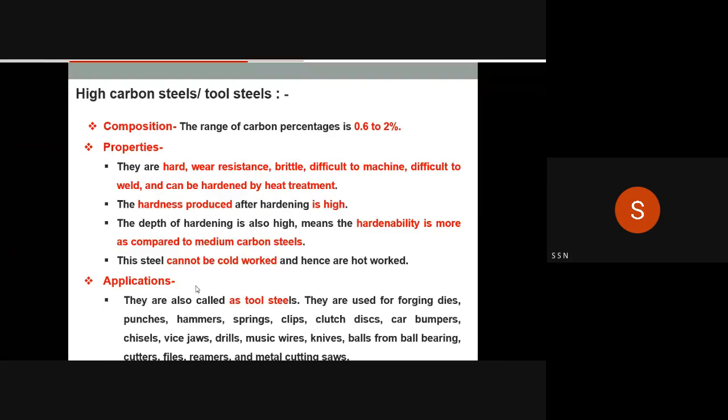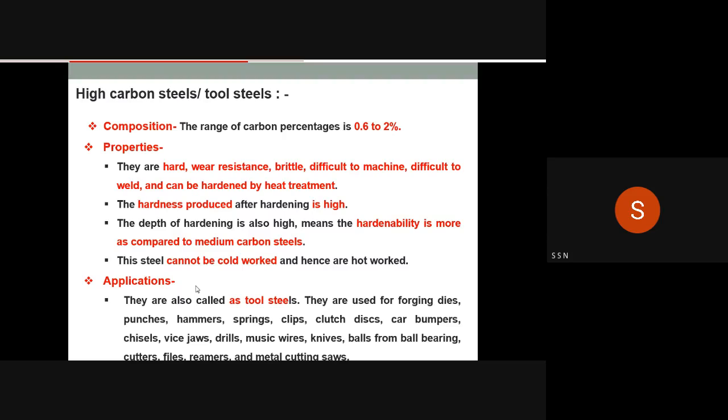But in high carbon steel, the depth of hardening is very high. That's why we call it a good hardening steel, and hardenability is more compared to medium carbon steel.